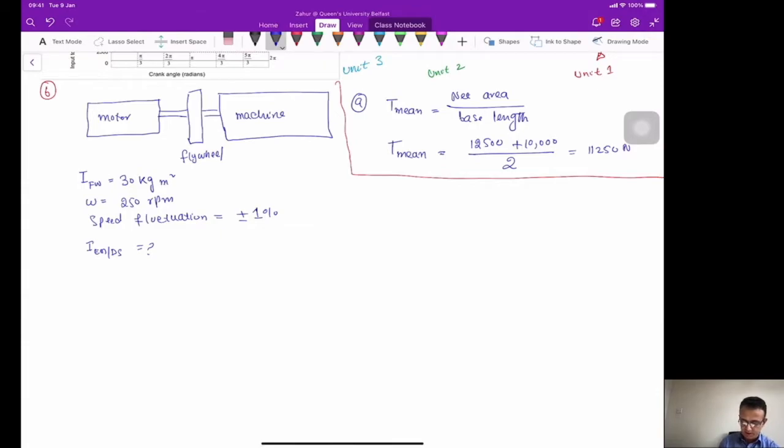Now we can use this equation, where delta E, the maximum energy fluctuation, is equal to I. In this case, we have a system which consists of a motor, a drive shaft between the motor and the machine, and a flywheel. All these parts have their own inertia.